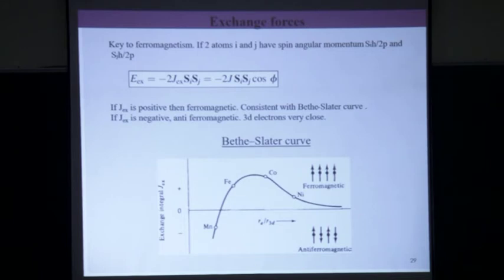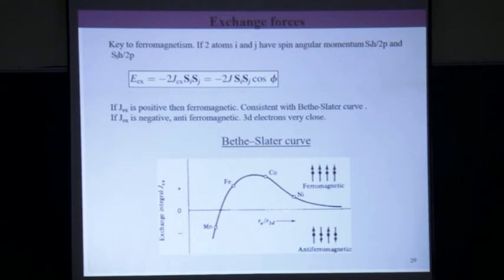If you plot this as a function of distance, this is a ratio, normalized: the radius of the atom divided by the radius of the 3d electrons. If you plot this, you will see that the exchange integral varies in this way with distance.